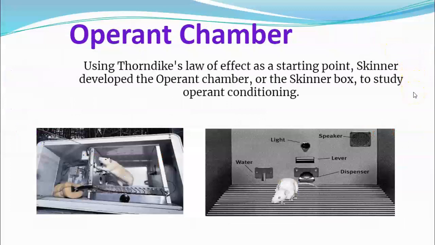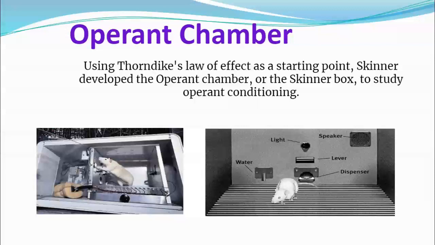A guy by the name of B.F. Skinner basically took Thorndike's law and used it as his starting point. He developed what is now known by two names, the operant chamber or a Skinner box, to study operant conditioning. What you're looking at in these pictures is an actual Skinner box or operant chamber.